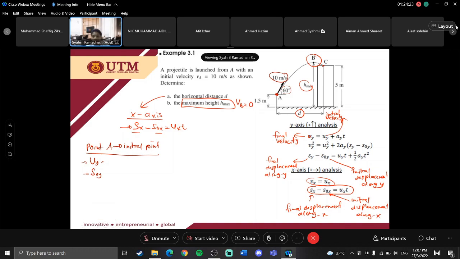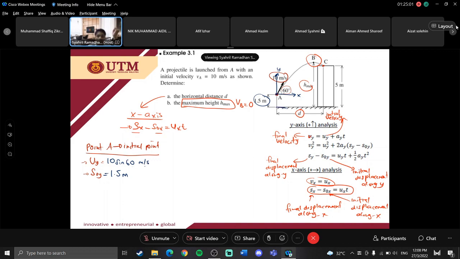Here is your X, here is your Y. So uy is 10 sine 60 meters per second, because it's the upward direction, so uy is positive. S naught y is 1.5 meters from the datum.